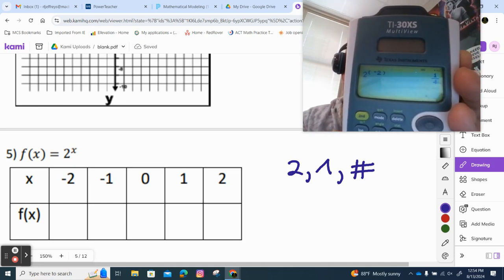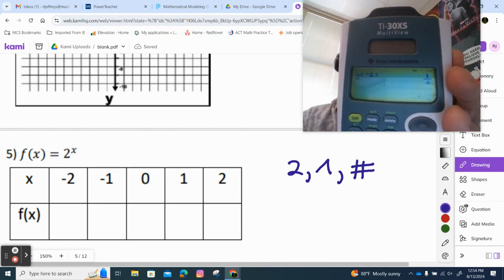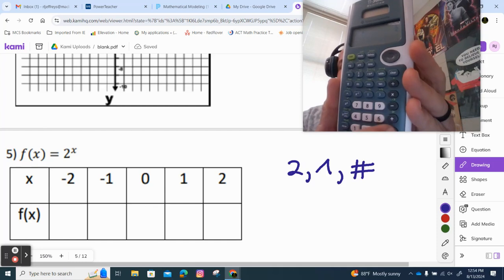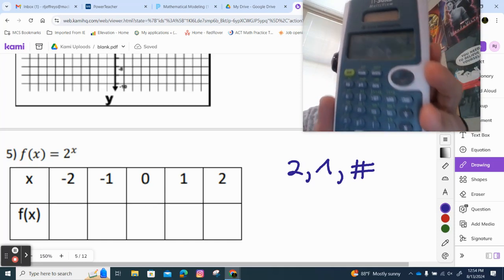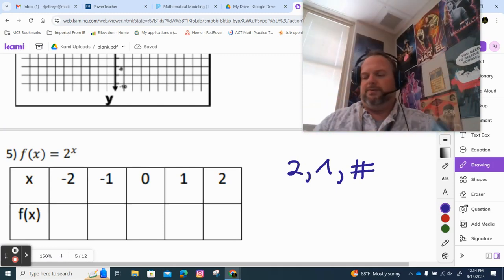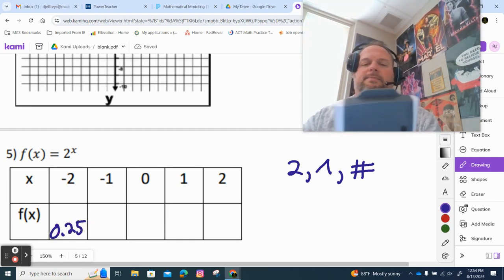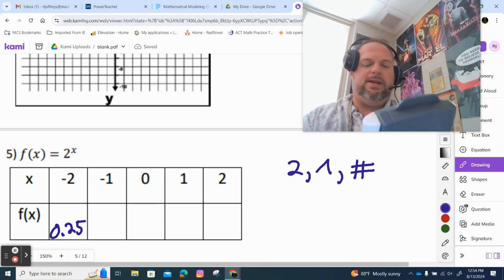When I hit enter, it gives me a fraction. Now, if I want a decimal, I hit the double arrows above the enter sign, 0.25. Now I do it for the next one.